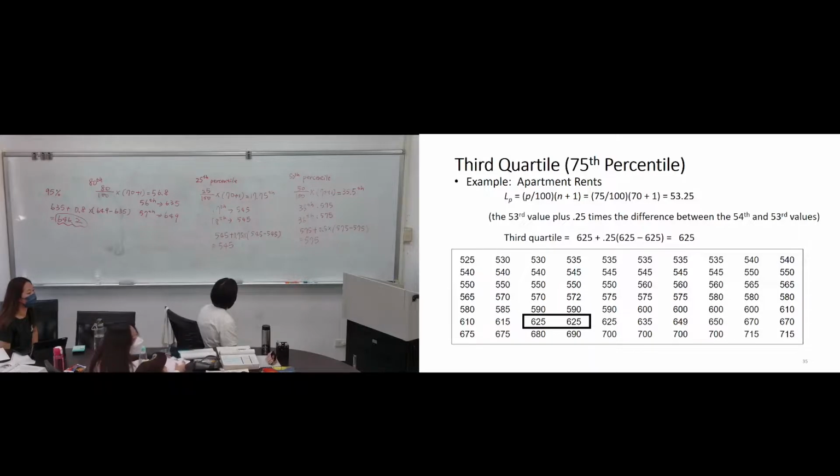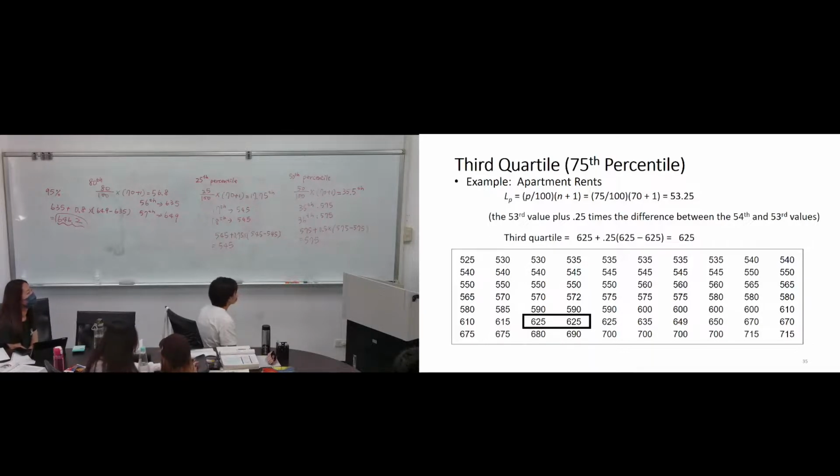Find the difference between these two values, multiply by 0.25, and add it to the 53rd value, 625. That's how we find 625. So the 75th percentile value is 625.